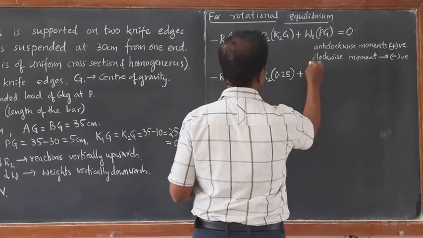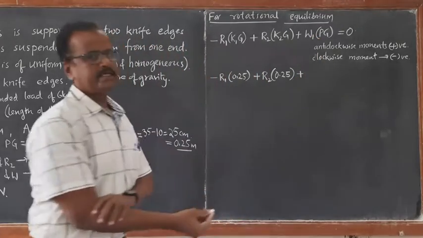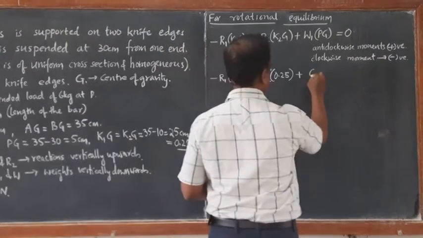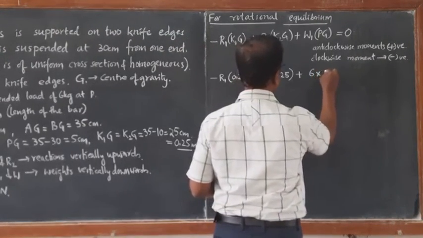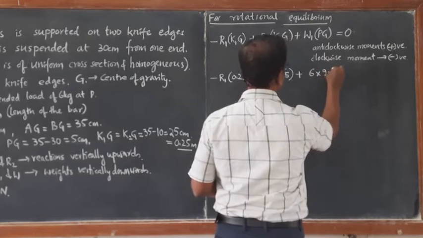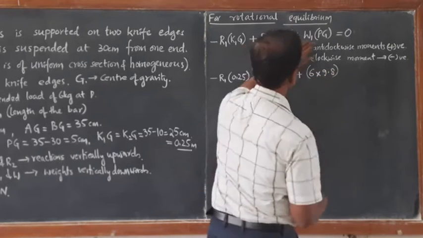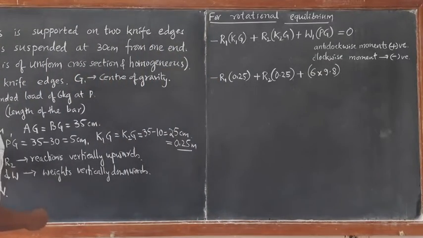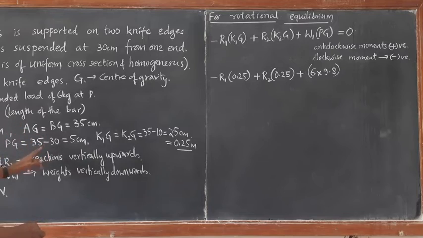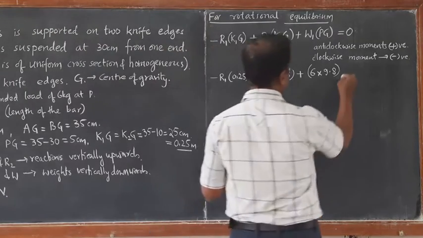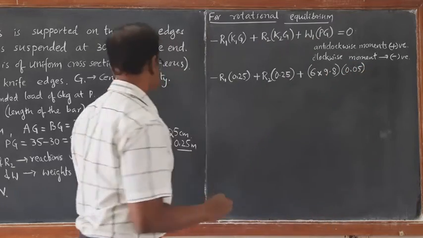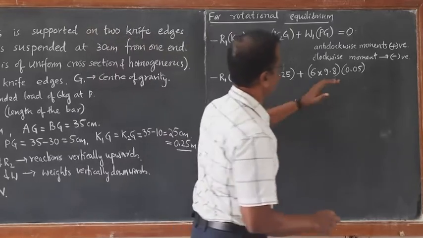Plus W1, we know W1, it is 6 kg force. So 6 kg into acceleration due to gravity, that is 9.8, into PG. PG is 5 centimeter, which can be written as 0.05 meter.